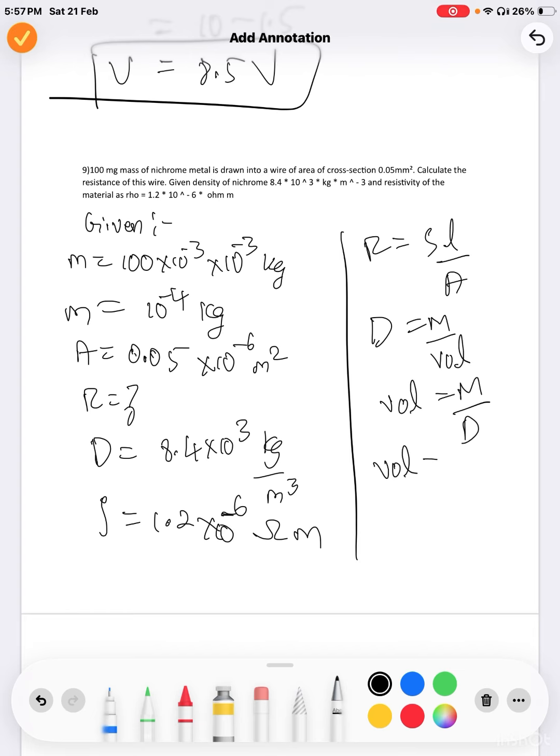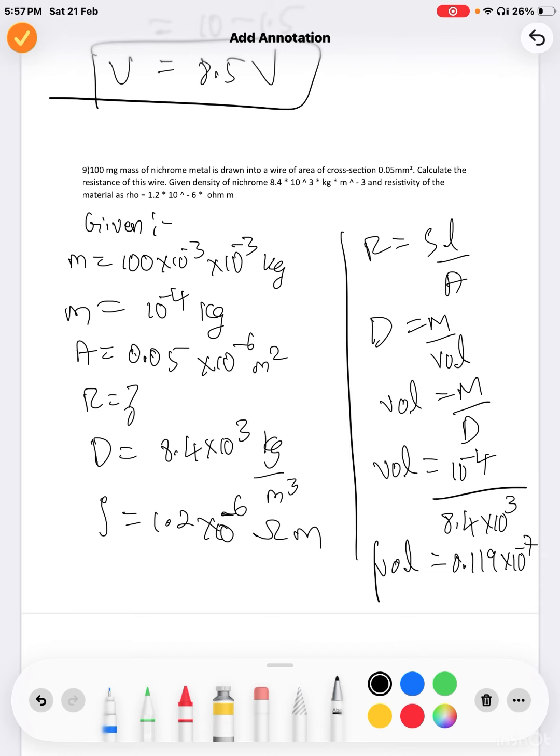So volume equal to mass by density. So volume is equal to mass, given 10 to the power of minus 4, and density they gave 8.4 times 10 to the power of 3. So if we simplify, we get a volume as 1 by 8.4, 10 to the power of minus 3 plus 3, so minus 3, 0.119 times 10 to the power of minus 7 meter cube.